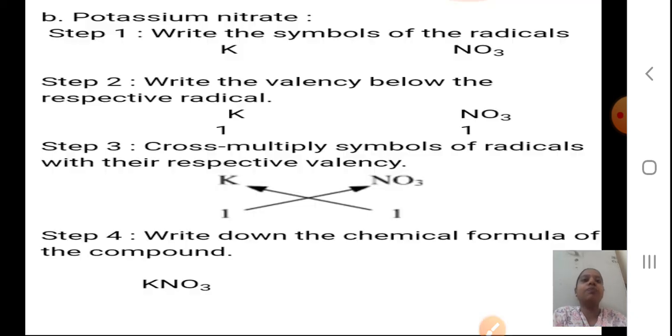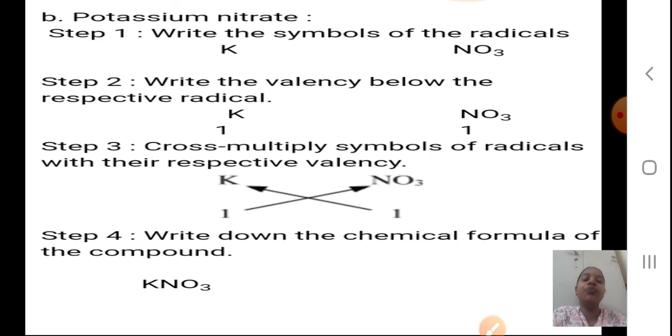Now we studied how to deduce the chemical formula. For deducing this chemical formula, what are we going to require, students? We are going to require the valencies.